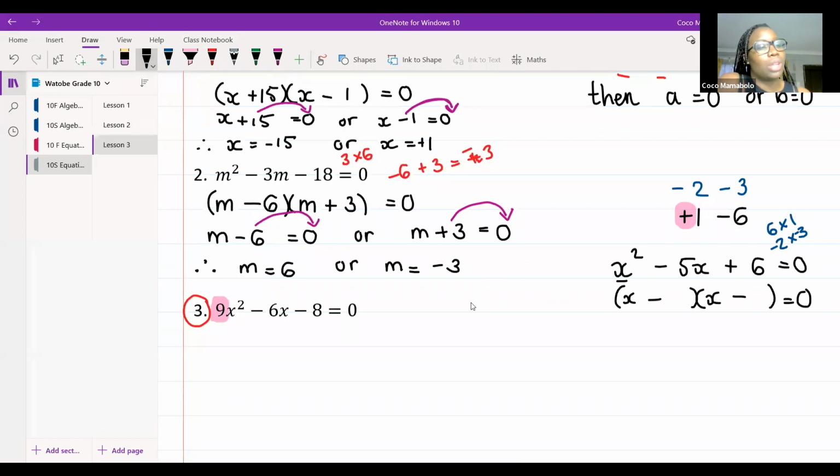So I know that those are the 2 numbers that go in here, -2 and -3. And I know it checks out because -2 times -3 gives me +6. Okay. So now these are my 2 factors of this question. So I can go x minus 2 is equal to 0 or x minus 3 is equal to 0.